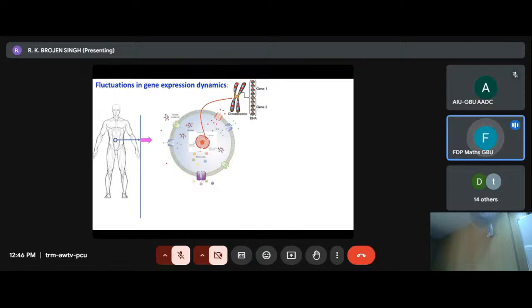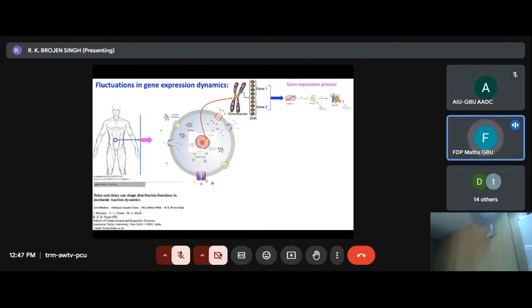Another example one can talk about is the gene expression family. It is very simple, and a large number of human beings form a different target. In this field it is called the central dogma.